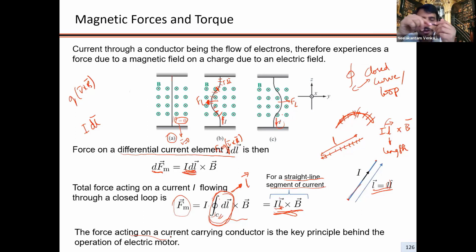And that force is going to be this expression, which reduces to simply this form, where the current segment is simply a straight wire, where the integral DL is simply the length of that segment. But then here we say it's a closed loop, right? How can you create a closed loop of wire with line segments like this?